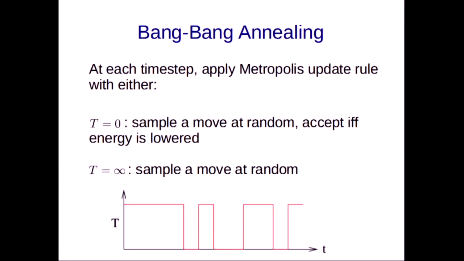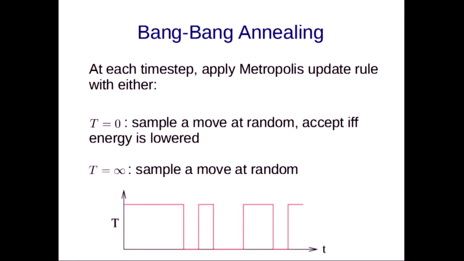At 0 temperature, the Metropolis update rule is to sample one of your allowed moves at random. In most examples we look at, the allowed moves would be flipping any of the individual bits, and then accept that move if and only if the energy is lowered. It doesn't matter how much it's lowered, just accept if it's lowered, reject if it's raised. And the infinite temperature Metropolis update is you just flip a bit at random. You do randomly one of your allowed moves, you don't pay any attention to the energy at all.